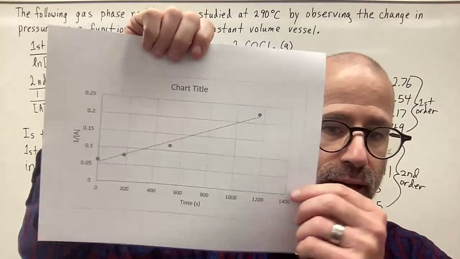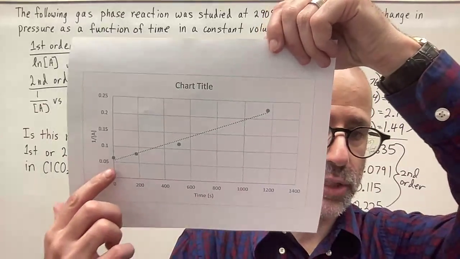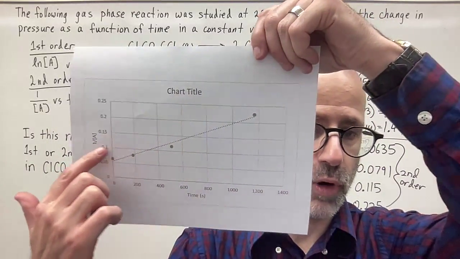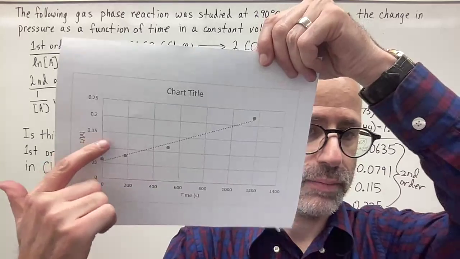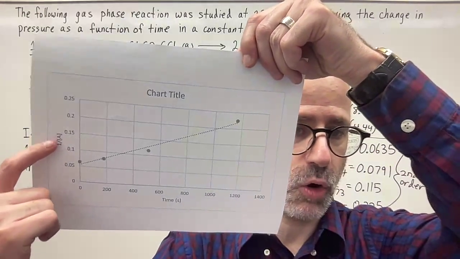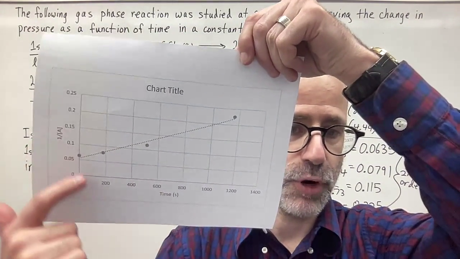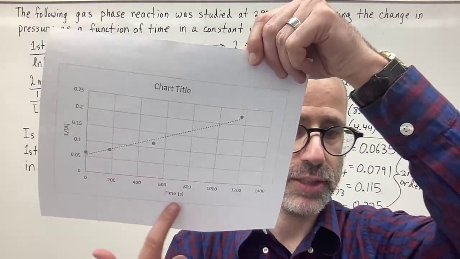This is the plot with respect to the 1 over A, so we're plotting 1 over the concentration of our substance versus time in seconds.